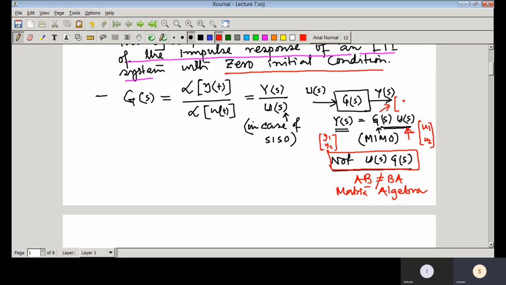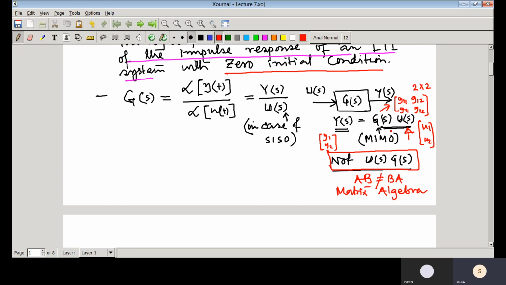The dimension of G(s) is G11, G12, G21, G22, so its dimension is 2 cross 2.